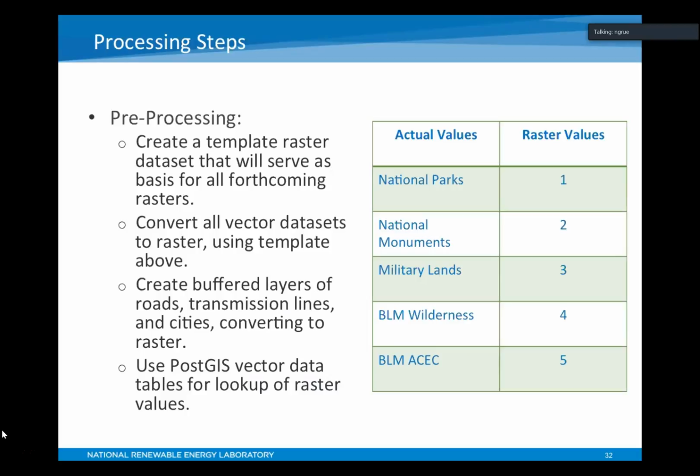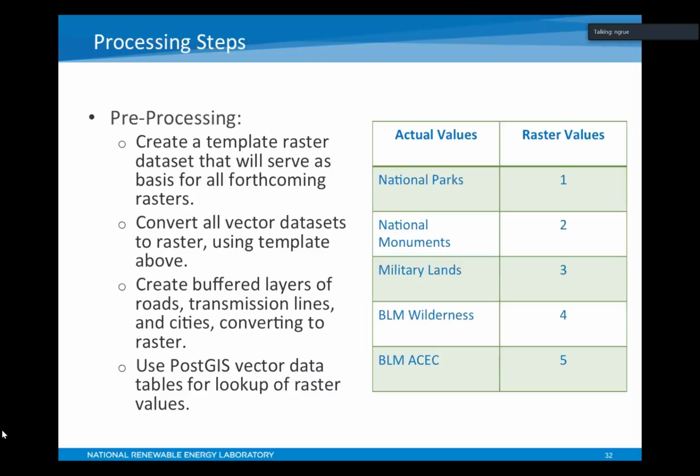When you're converting the vectors to raster, rasters can only have numerical values, of course, and so for categorical data like federal lands, which is what is over here in the table, we needed to set up a lookup table for each of these values and be able to keep track of those.